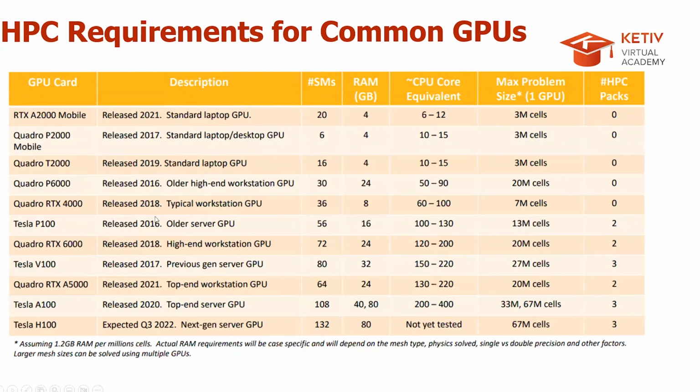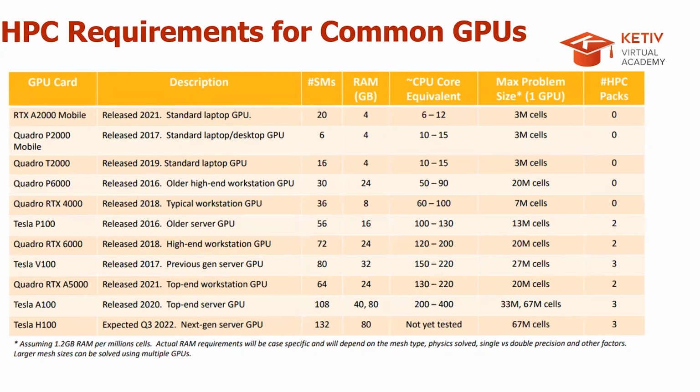Whether or not you need something this high end again depends on your problem. You may not want to invest in something that is overkill for the type of CFD simulation you're trying to solve. If you have something that is roughly 10 million cells, maybe you can get away with a Quadro P6000 and just use your CFD Enterprise licensing without purchasing additional HPC.